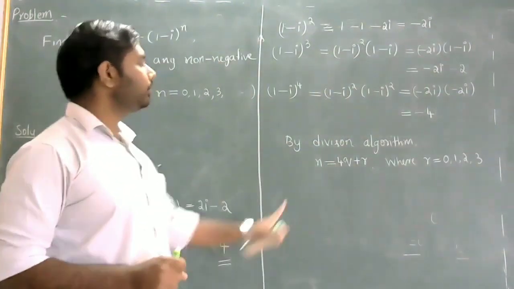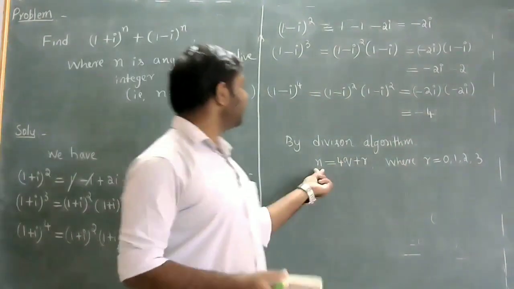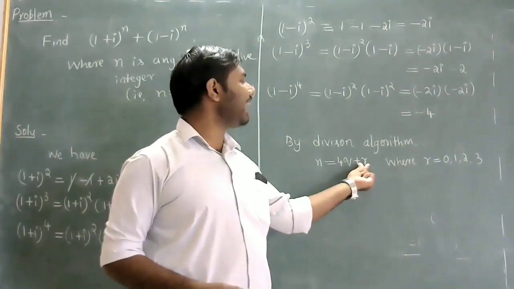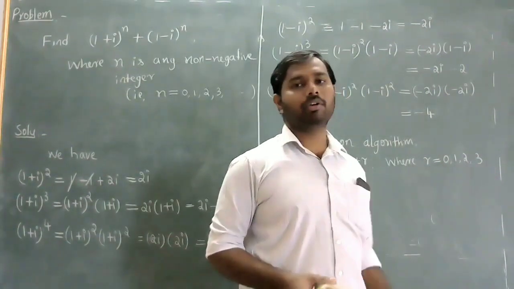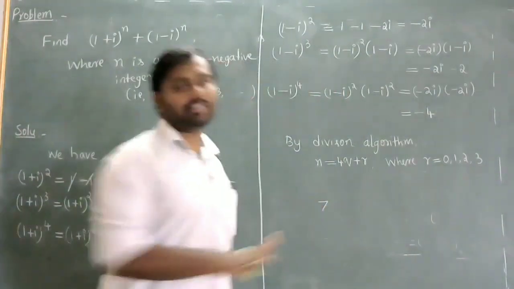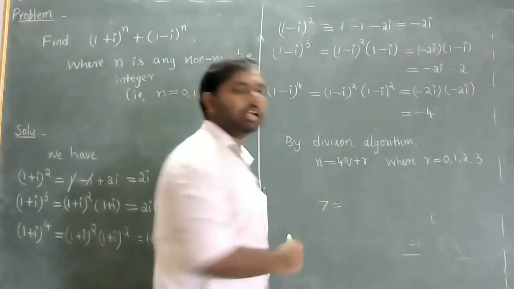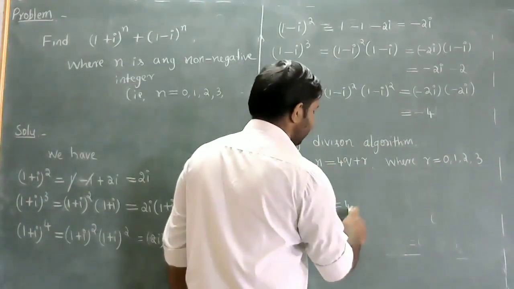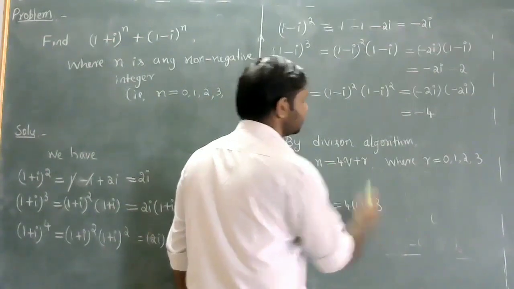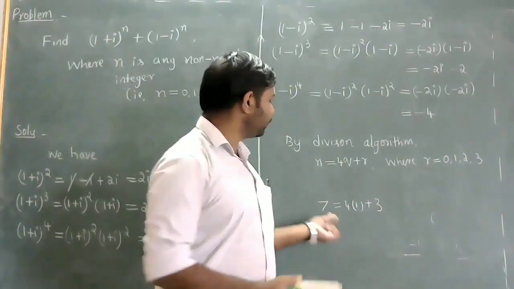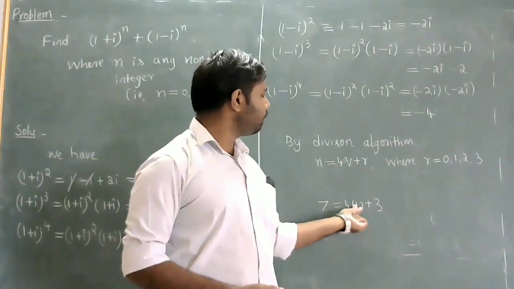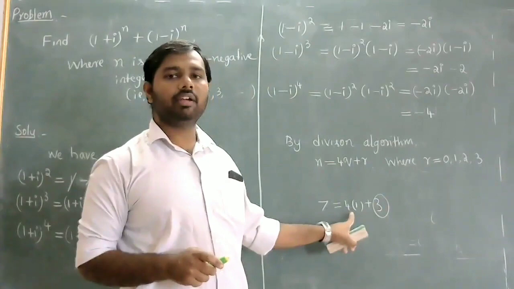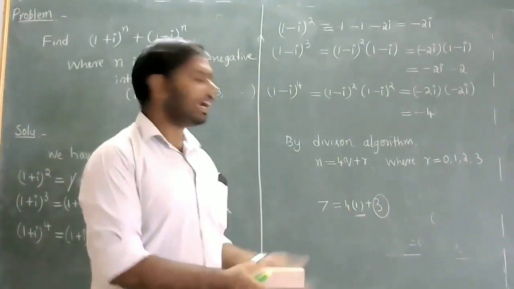For example, take 7 itself. Divide 7 by 4. 4 ones are 4, the remainder is 3. So we can express 7 in terms of 4q + r. Here 3 is the remainder when you divide 7 by 4, and 1 is the quotient. And I have done this in general.